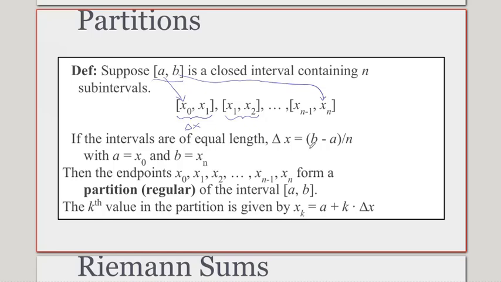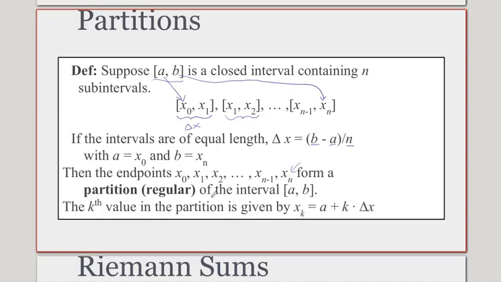And the way you figure that out is you simply subtract the endpoints of the main interval and divide by the number of subintervals you have. So what we're calling a partition are those x values, the endpoints, x naught, x sub 1, x sub 2, all the way up to x sub n. So that set is what we call our partition of the interval a, b.